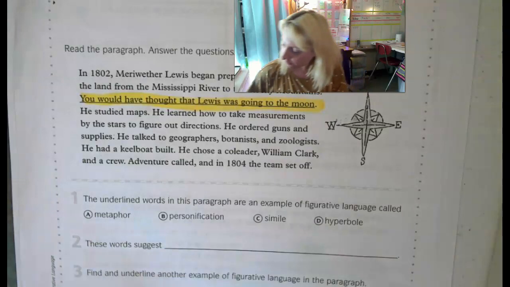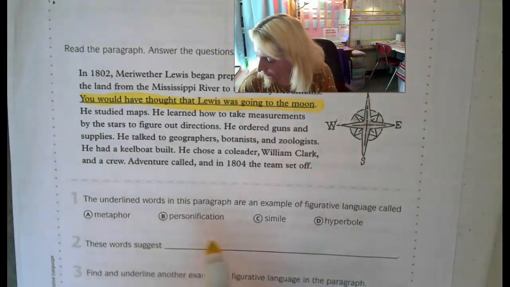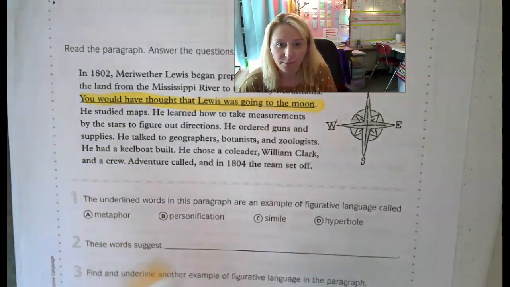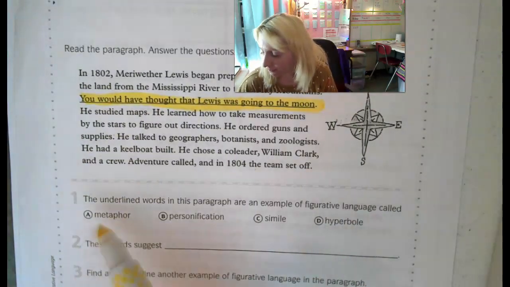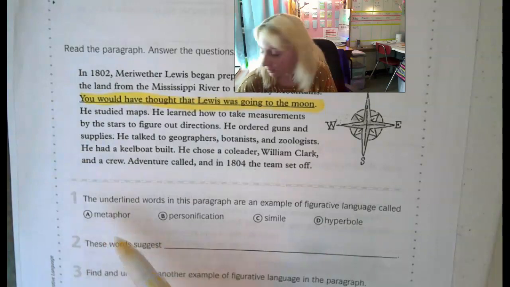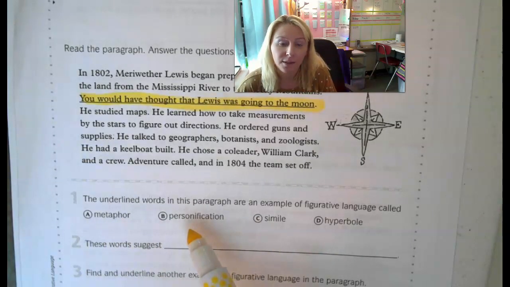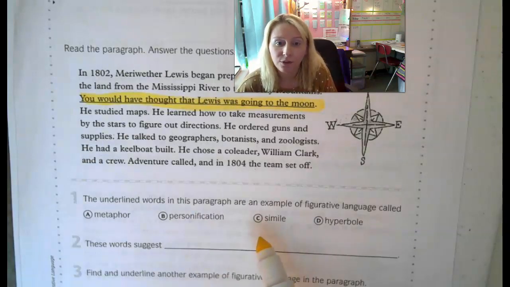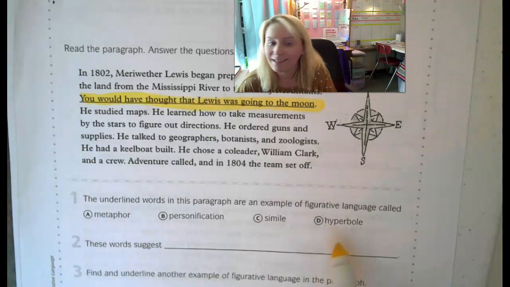So of our four, metaphor, personification, simile, and hyperbole, which describes this? Is it comparing two unlike things without using like or as? Is it giving human traits to something that's not human? Is it comparing two unlike things using like or as? Or is this an exaggeration to prove a point?